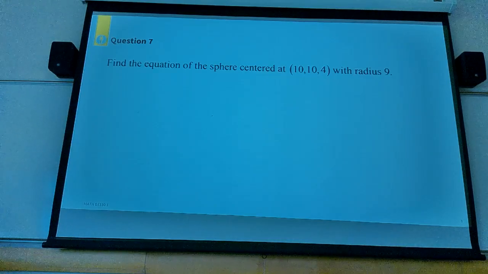First things first, what is the standard equation of a circle? 2 pi r squared.